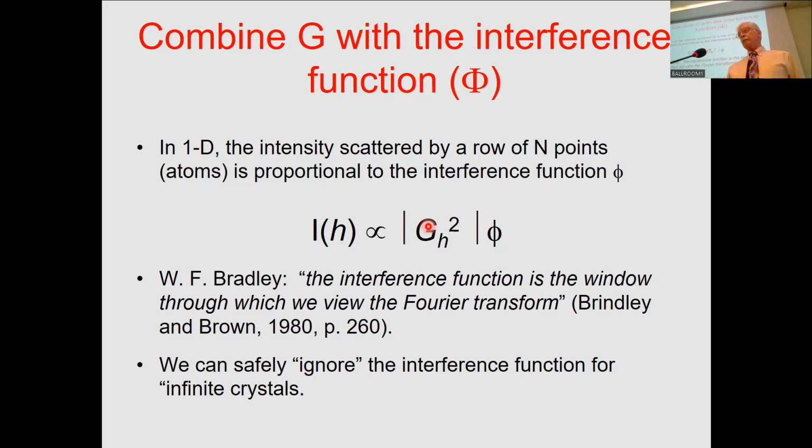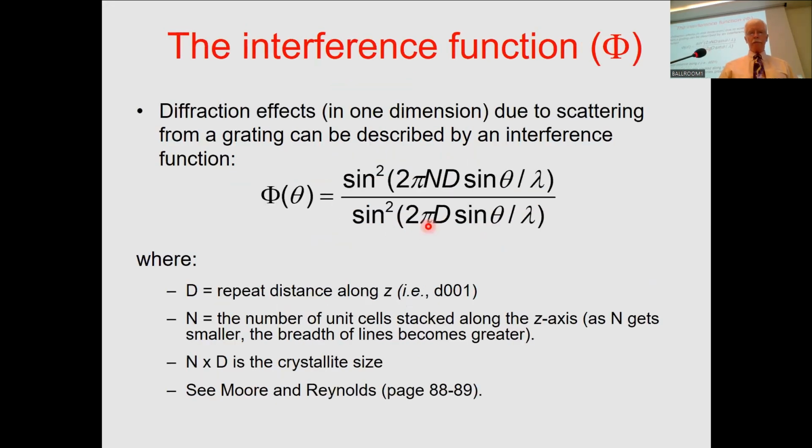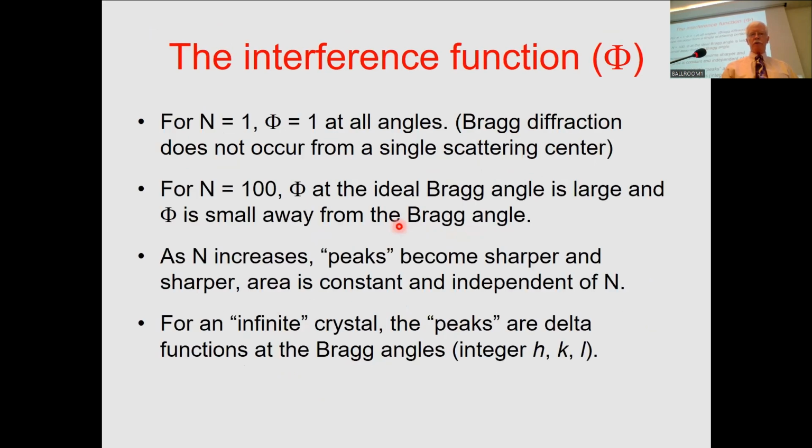If we don't have a tiny crystal, if we have a crystal like this deck of cards, we can ignore that. But here's the interference function, and it's not particularly important to worry about the details, but you can see that it's related to the number of unit cells times the repeat distance divided by this. And so this n times d is actually the crystallite size.